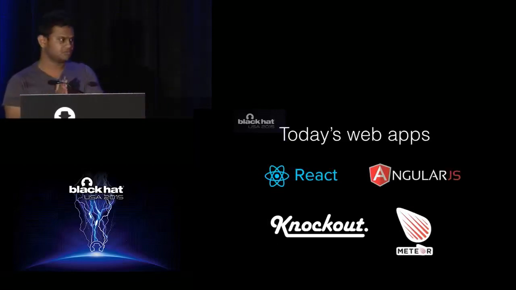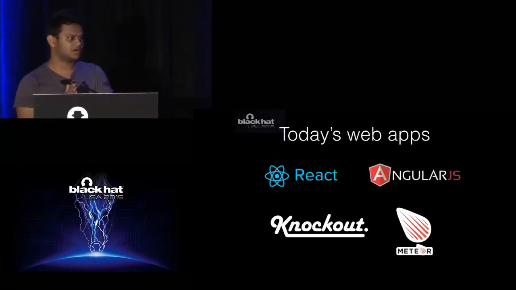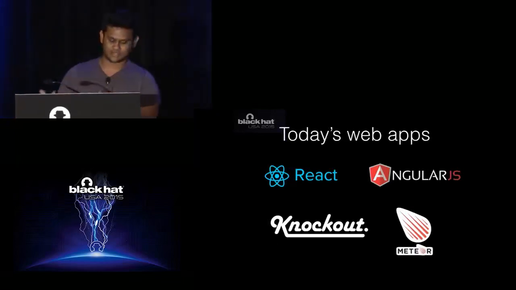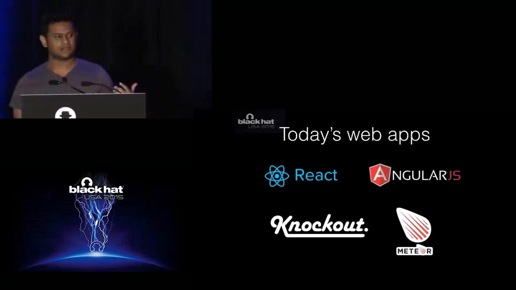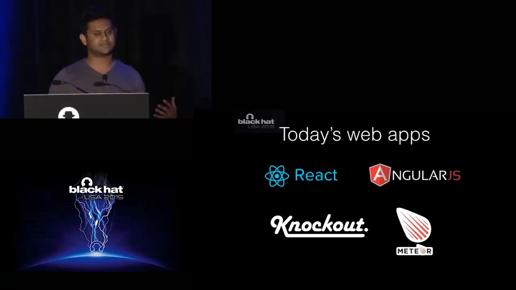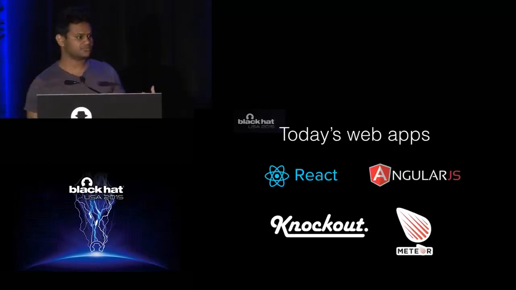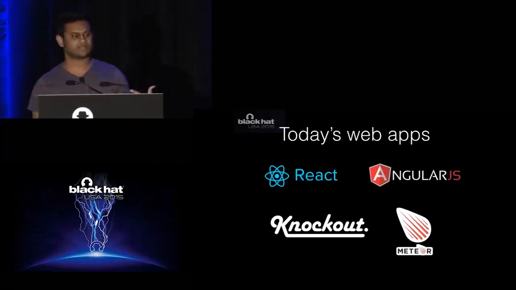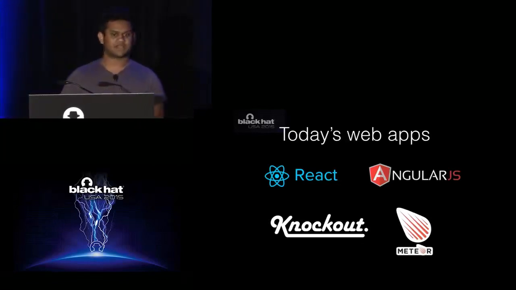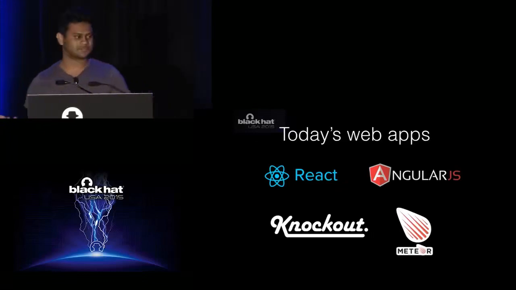If you see most of the web apps today, they're using more and more front-end libraries like React, Meteor, whose purpose is to make things simple for the developers. They contain a lot of logic within them, and the existing penetration testing tools are written especially for attacking the traditional web apps.